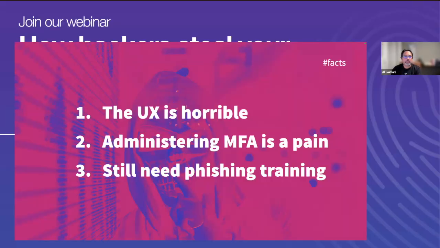So what's the point of having MFA, going through the headache of the UX, going through the headache of having to change it every couple of years and making it a pain? And then you still have to do phishing training, and it still doesn't stop credential phishing attacks. It cannot. It's not possible. That's exactly what I did when I did my demo, that was the credential phishing attack.